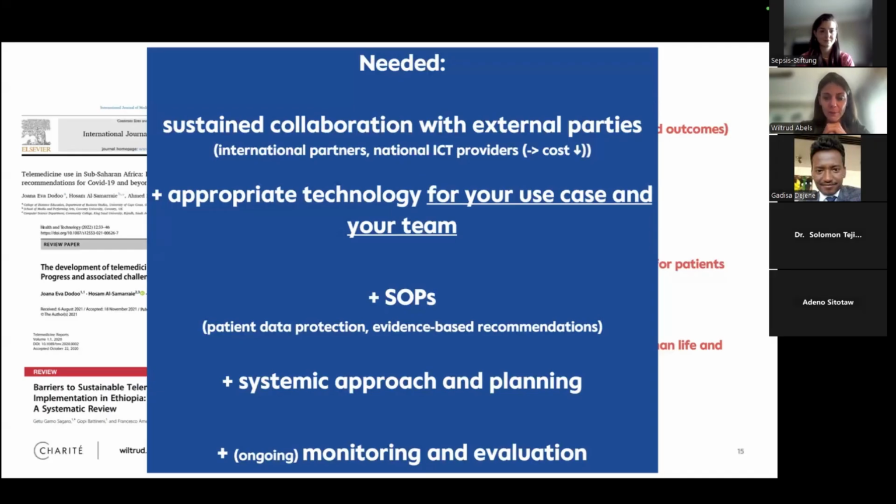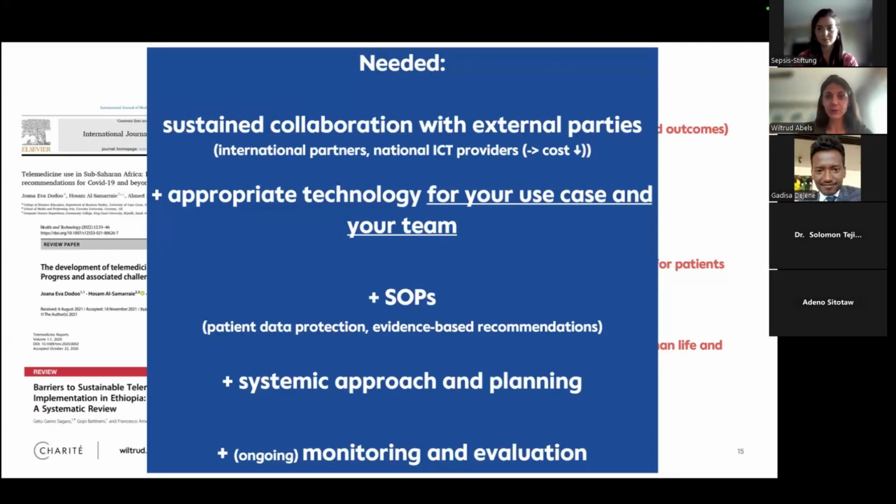This is very important, and this also serves to really think about patient data protection and the ways that you are going to conduct the telemedicine in order to pay respect to data protection, and also to pay respect to evidence-based recommendations. You need a systemic approach and planning.